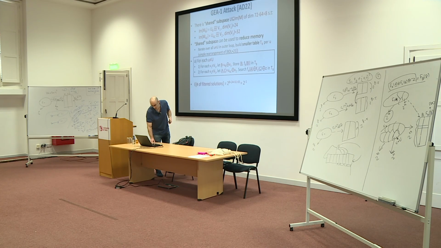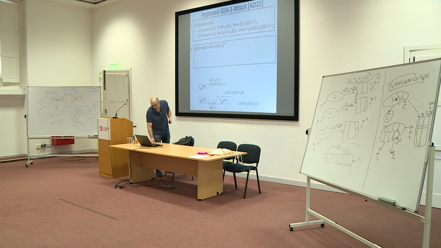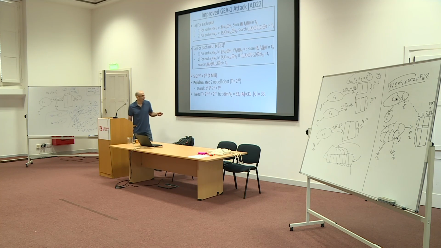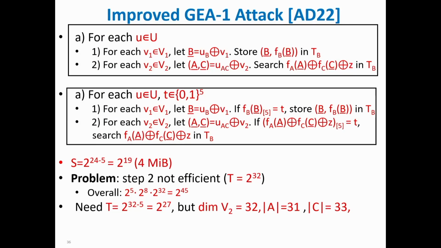Unfortunately, this doesn't seem to work either, because the size of A is 31 bits and the size of C is 33 bits. So it's not clear how to actually reduce this complexity. It's not trivial at all.